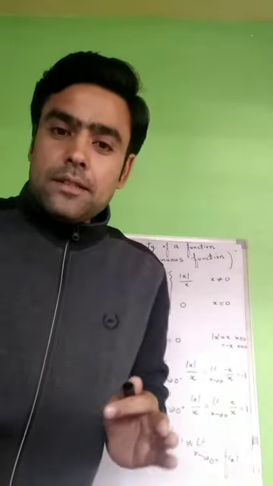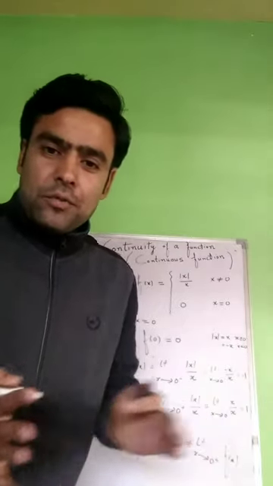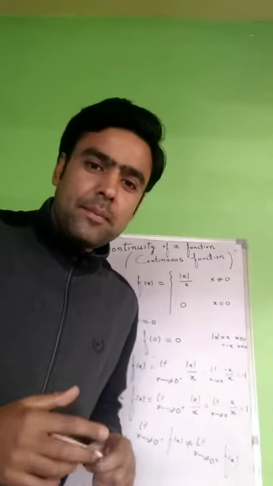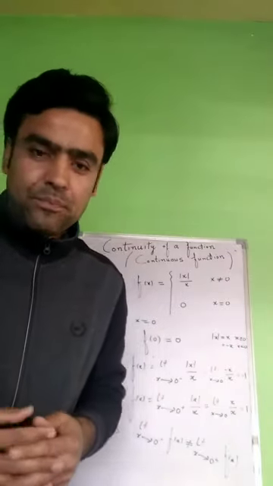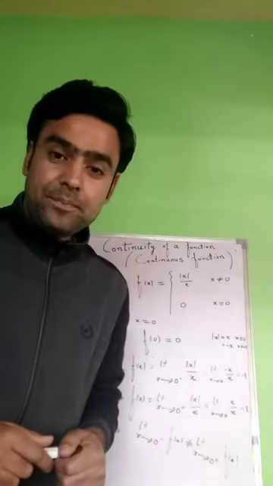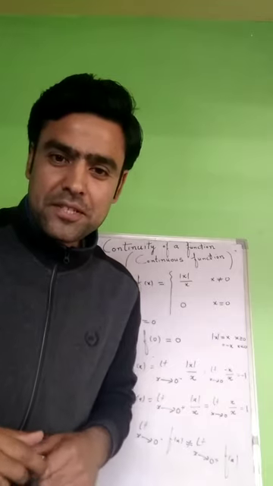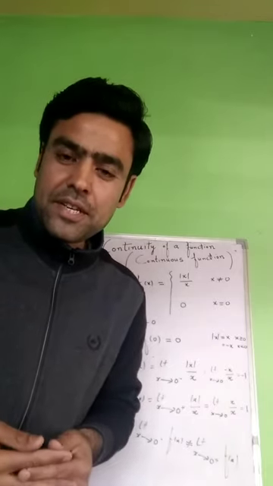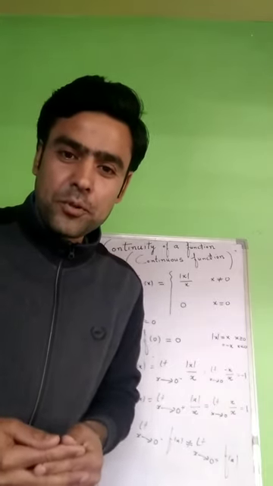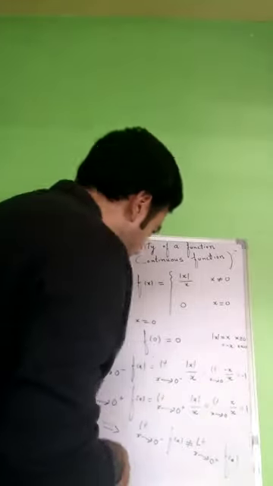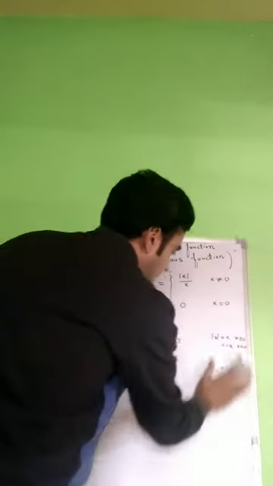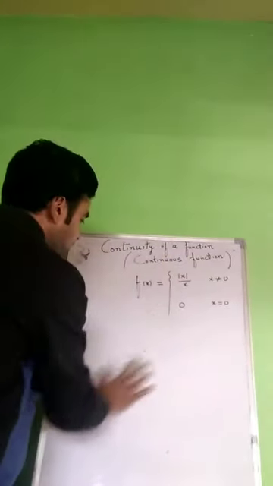So the two are not equal to one another. This indicates that there is a jump in the function which makes it discontinuous at x is equal to 0. So let us draw its graph and find why there is a jump and why it is discontinuous.